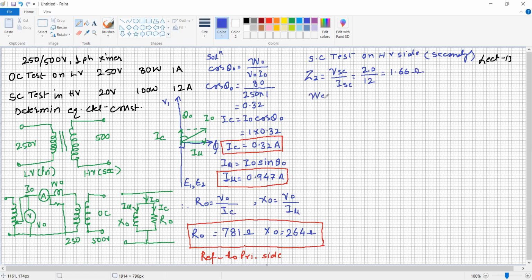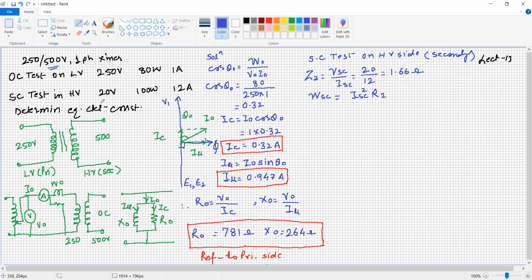Now WSC is equal to ISC squared multiplied by R2. Because the secondary rated voltage is 500, whereas only 20 volt is sufficient to circulate full load current in the primary as well as secondary winding.